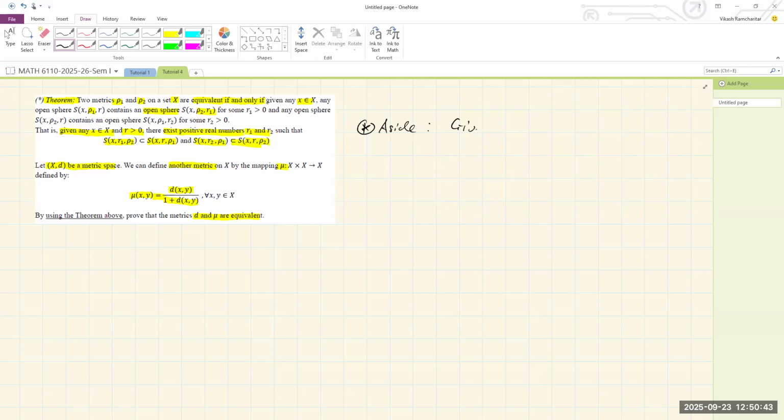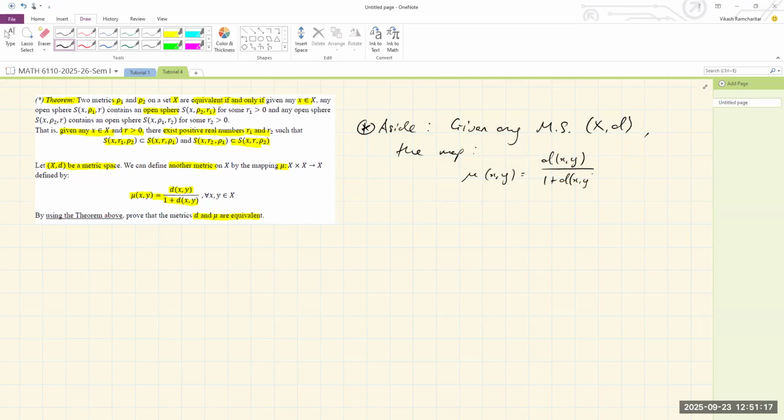Given any metric space (X, D), one thing you could do, we don't have to show it here, is prove that the map mu(x, y) is also a metric.